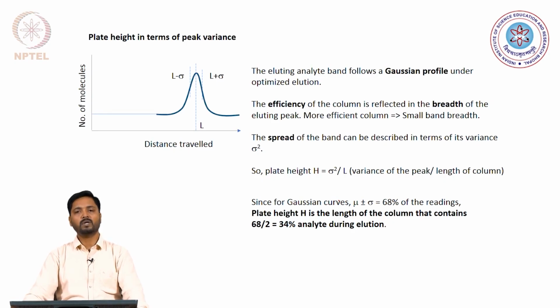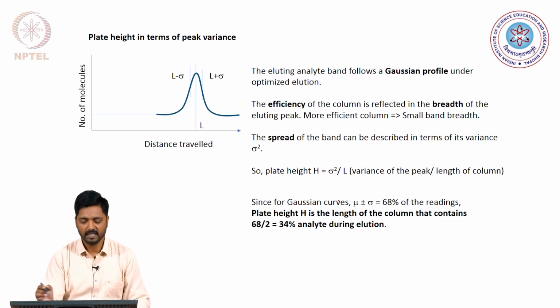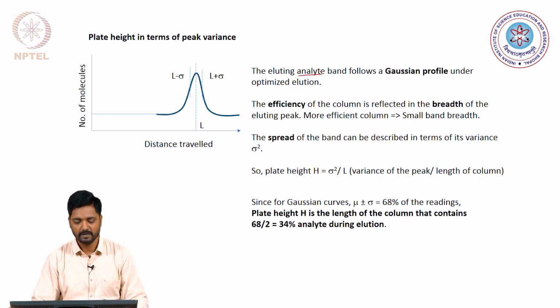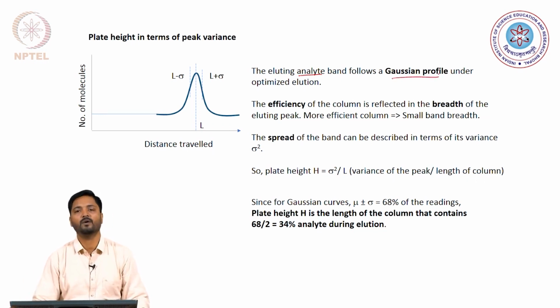What you need to notice, and here we come back to the concept of the Gaussian error profile, which we apply to the chromatographic separation, and I reiterate, is that the analyte that elutes out of the column gives a Gaussian profile under optimized elution conditions.